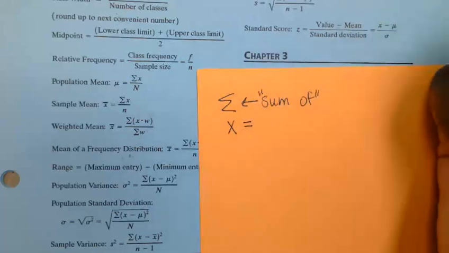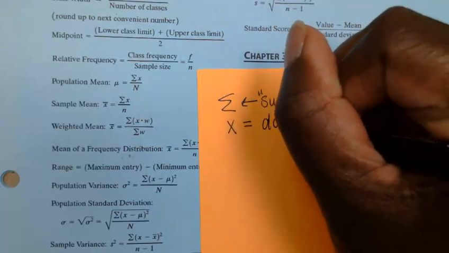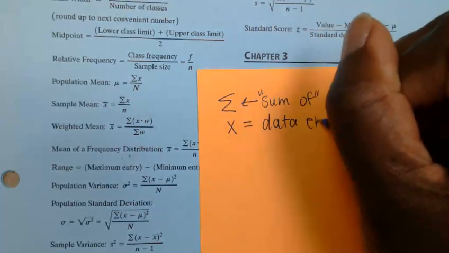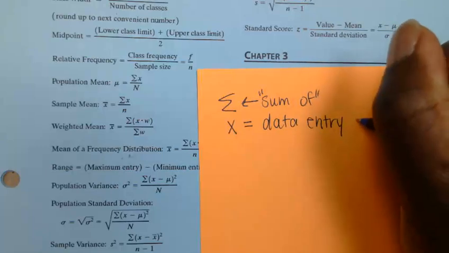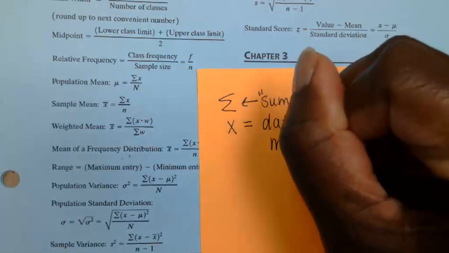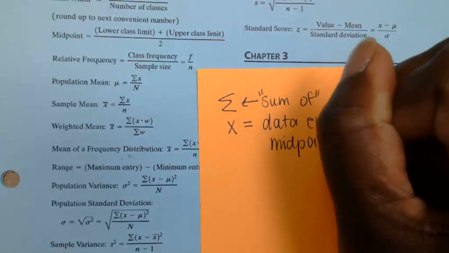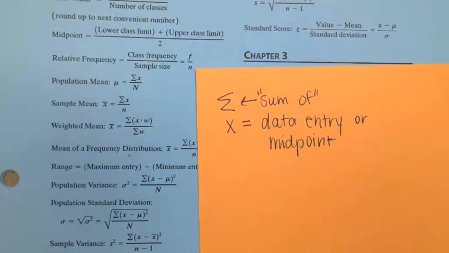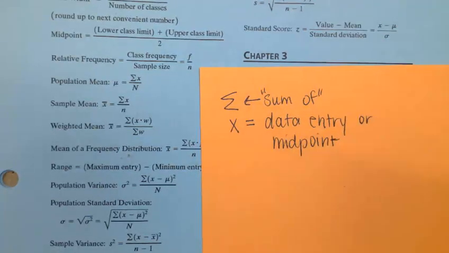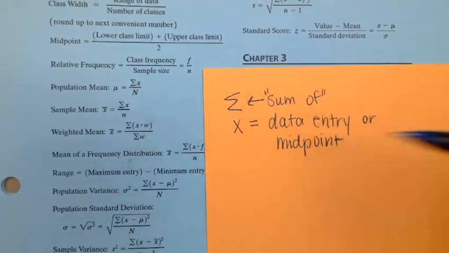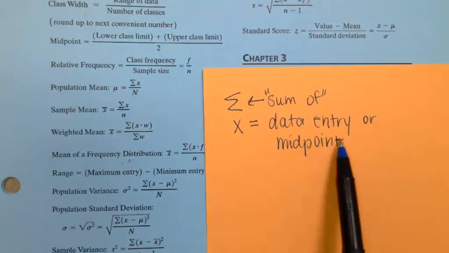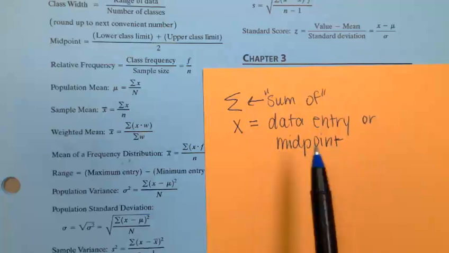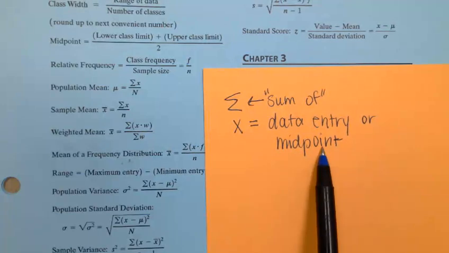X is your data entry or midpoint, depending on what type of data set you have. If you have individual data, then X will be your actual data entry, so 1, 2, 3, 4, 5. If you have a frequency distribution, your midpoint is your X.